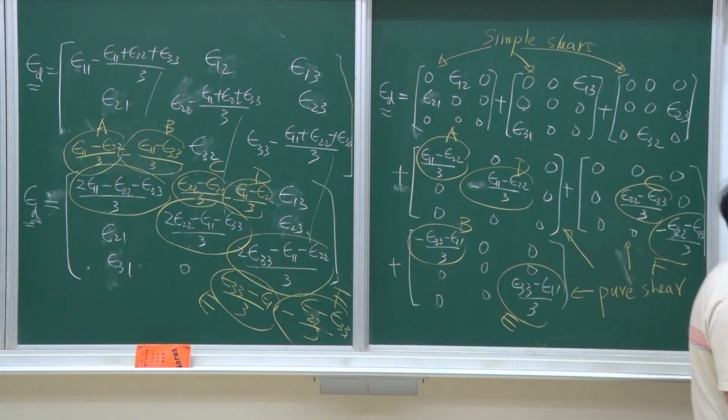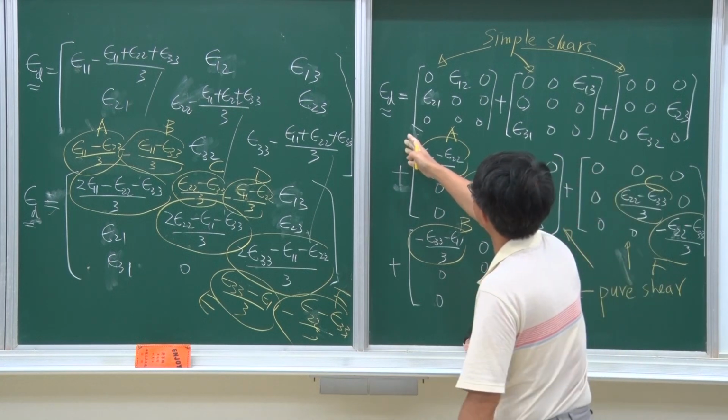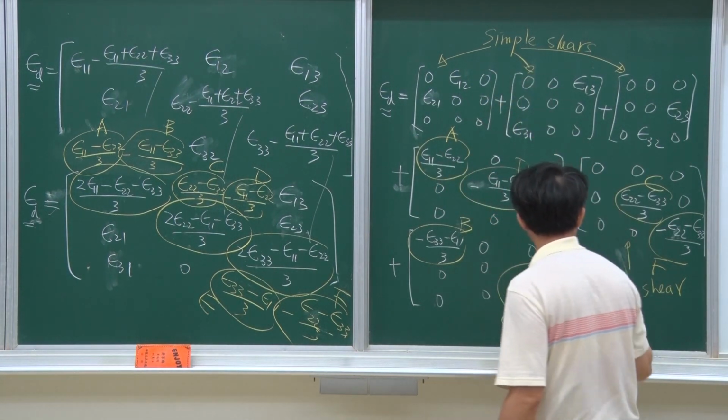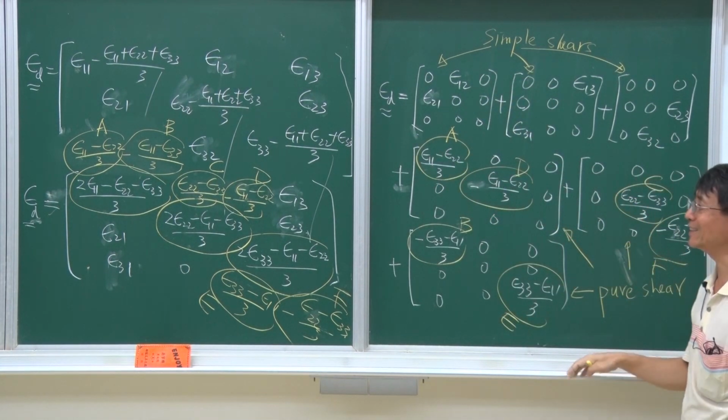So in this way, we can decompose the whole deviatoric strain matrix into the simple shear and pure shear. Understand?